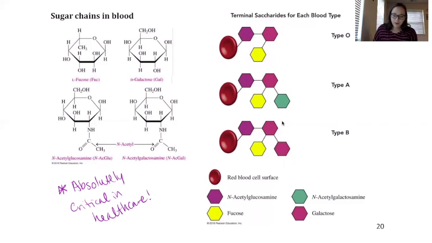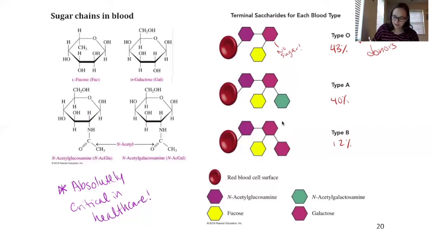So type O, according to Google, are about 43% of the population. They have no sugar here, and they're universal donors. Then we have type A, which is approximately 40%, and type B, which is approximately 12% of the population.